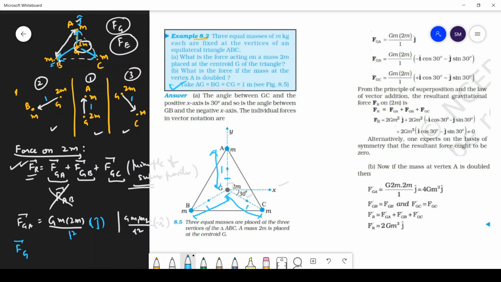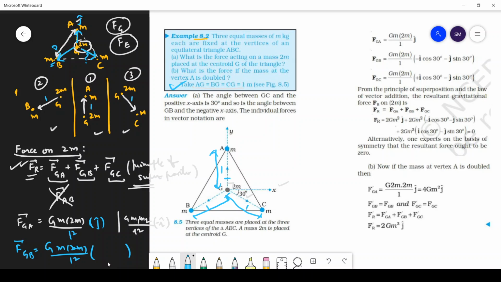What about this direction? Now that's important. How do we write this direction and this direction? This we need to study. Otherwise the magnitude is the same, GM, because this is M, this is 2M divided by 1 square.